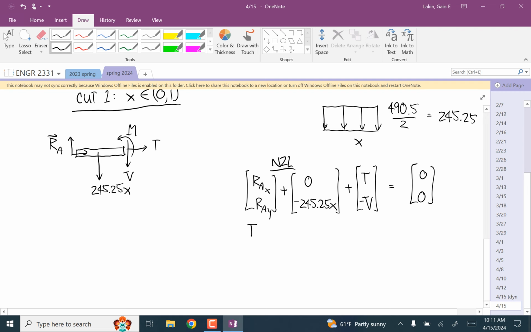So we get that T is equal to negative RAX, and V is equal to negative 245.25x plus RAY.